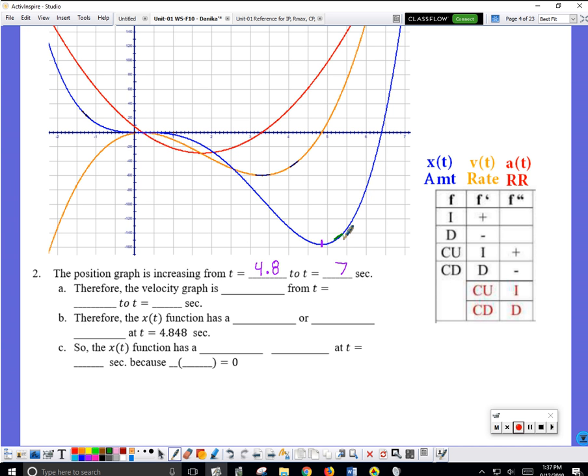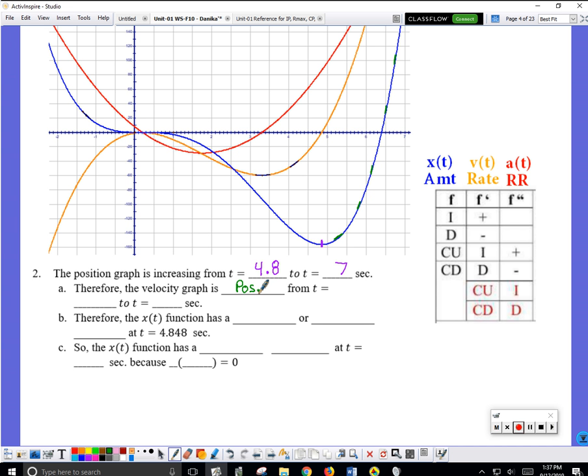So when I see the position going up at all these points, I can be assured that the slope at all those points will be some positive number. That's why this says, therefore the velocity graph is positive. To abbreviate, that's legal on the AP test. For some abbreviation.